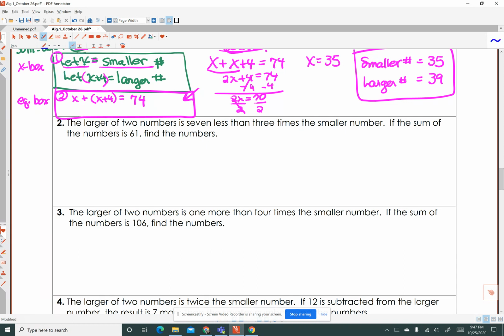This problem says the larger of two numbers is 7 less than 3 times the smaller number. If the sum of the numbers, we're going to add them together, is 61, find the numbers. Let's make our x box first. So step 1. So we're going to let x equal the smaller number.